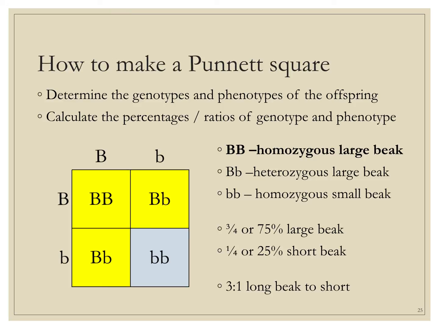So once you've got the Punnett square filled out, then you need to take a look at the resulting phenotypes and genotypes. So this is where you would calculate either the percentage or the ratio of what they look like. So for example, we have big B, big B, which ends up being homozygous for a large beak.